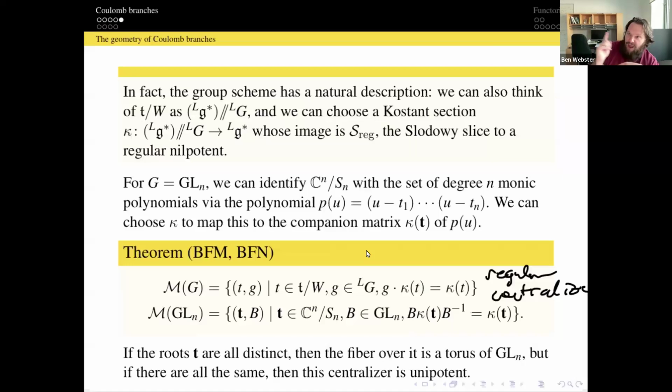So I'm fibering over Cn mod Sn, and the fiber over a point is: take a regular matrix where the eigenvalues are given by the coordinates of my point and look at the centralizer of that. And this companion matrix is just a systematic way to make a regular matrix, one with maximal rank with fixed eigenvalues.